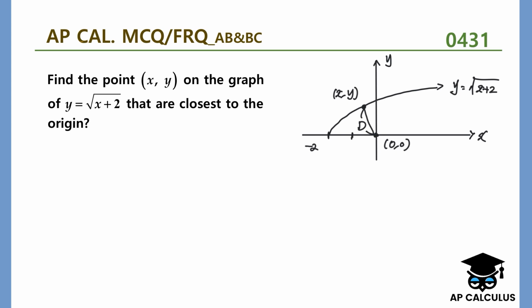Okay, so we're going to start with the equation of the distance. So d is equal to square root of, using the distance formula, x2 minus x1 squared plus y2 minus y1 squared, right?